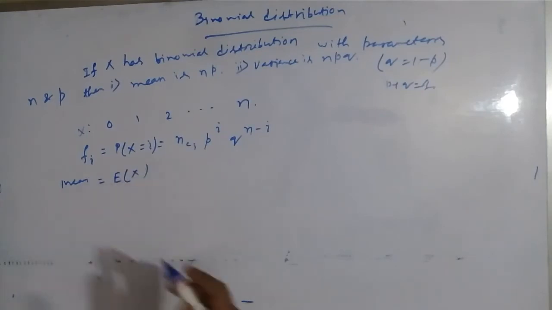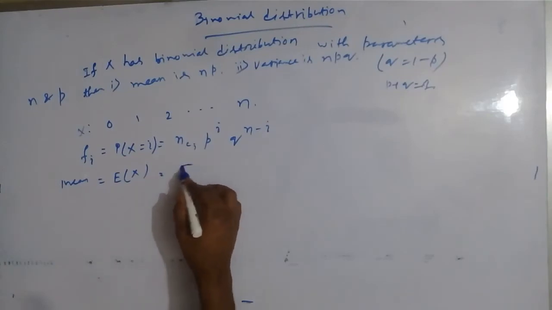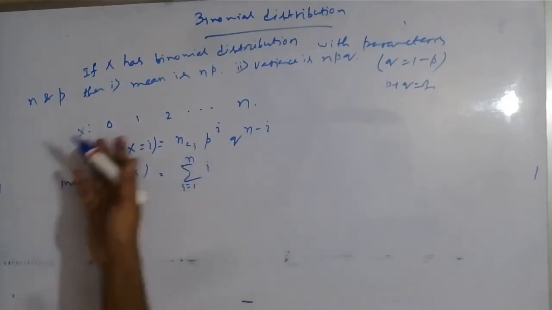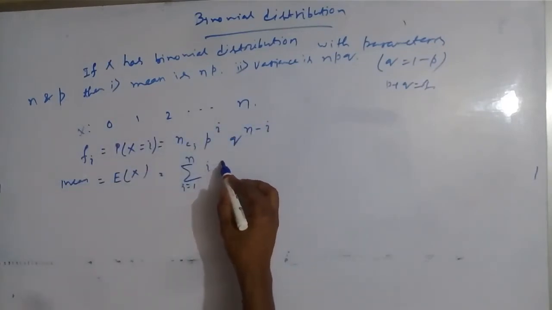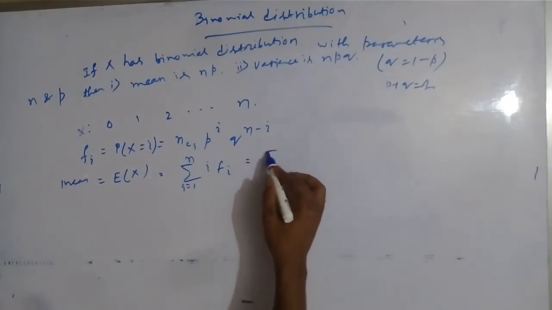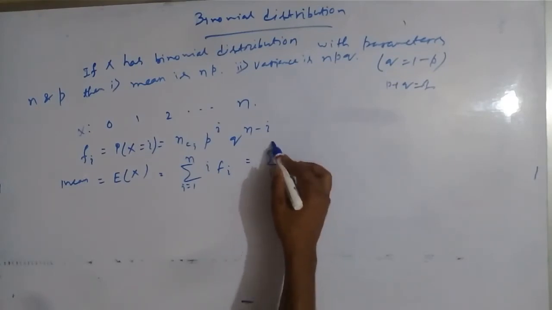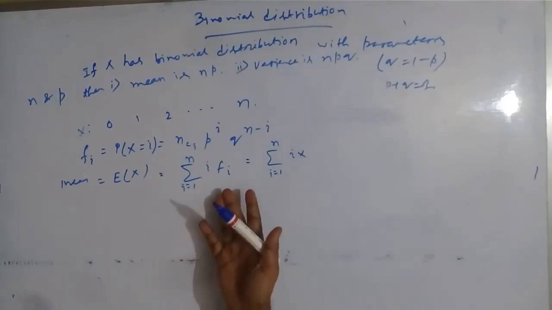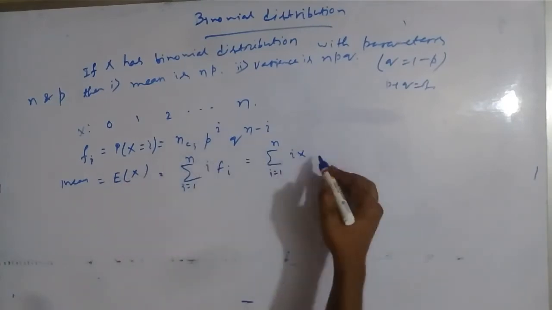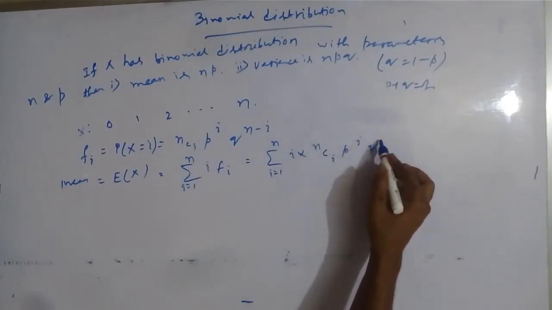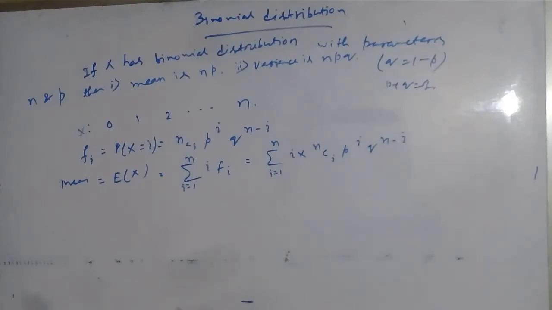So the mean or expectation is denoted by E(X), which is equal to the summation of i equal to 1 to n of i, the values of X, into fi. Putting the value of the distribution function, it is summation i equal to 1 to n of i times nCi p to the power i q to the power n minus i.